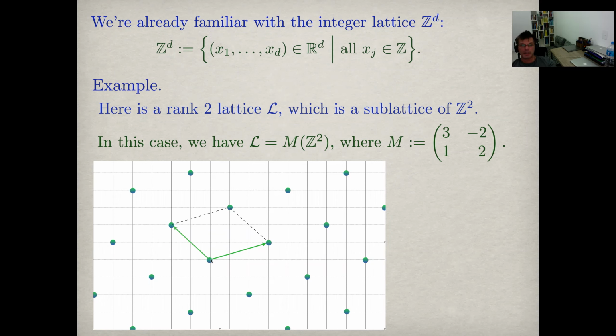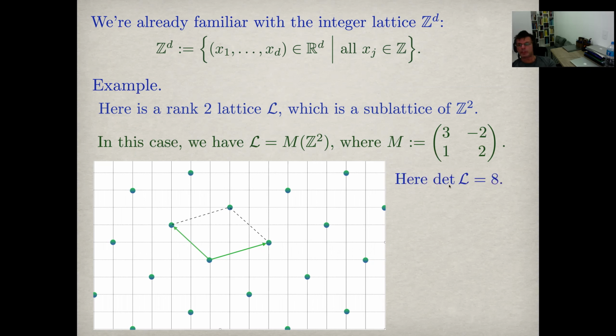Why? Because as we see, this two-dimensional lattice composed of these dark green little balls has two basis vectors, namely (3, 1) and (-2, 2). And so it's generated by these two integer vectors, the columns of the matrix M. And as we saw in the previous slide, these columns are the basis vectors of the lattice. And so we can write it in this form.